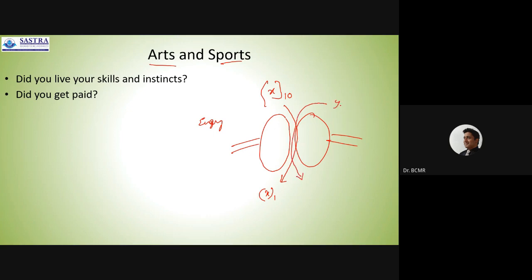Say, for example, Y is 3 here and Y is 5 here. This electrochemical gradient could be used to take up Y, right? So that is, one process is driven by another process, and that is how I see where you can use sports and arts to drive your other, say something like learning.